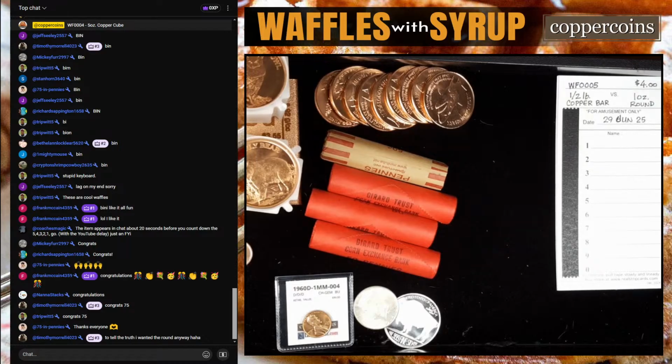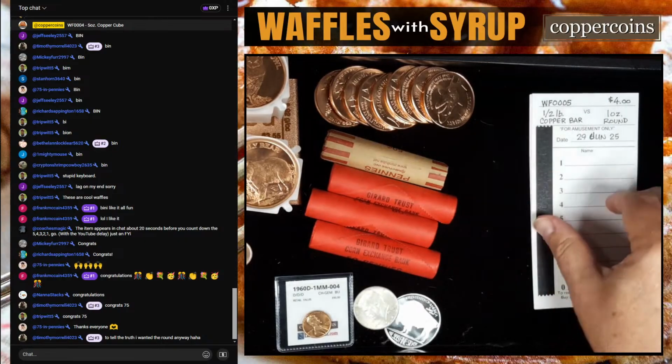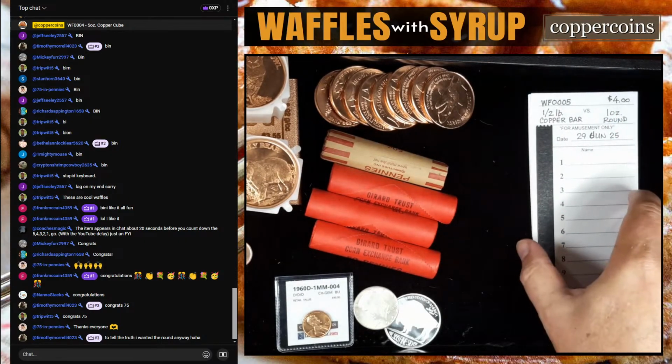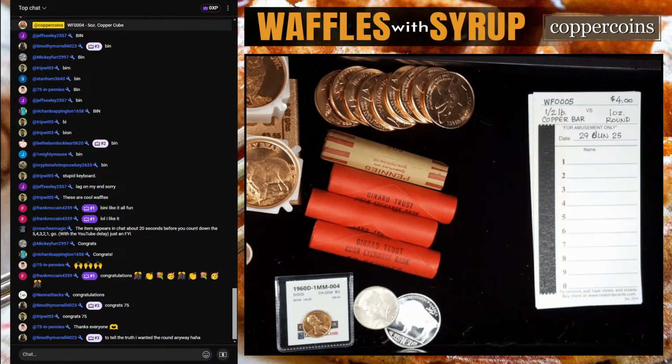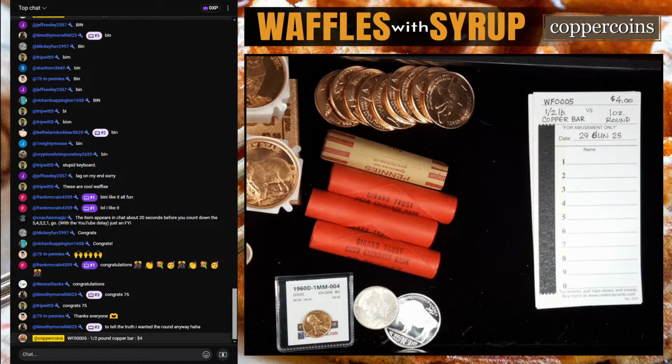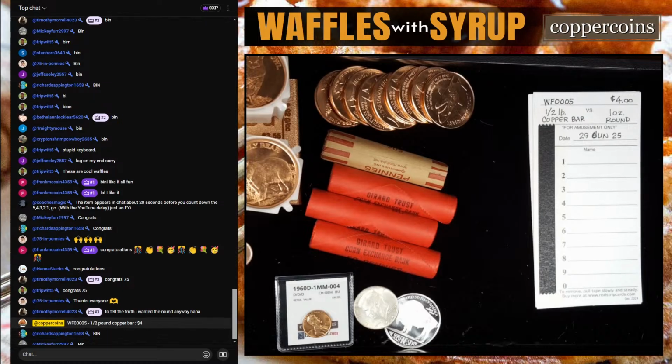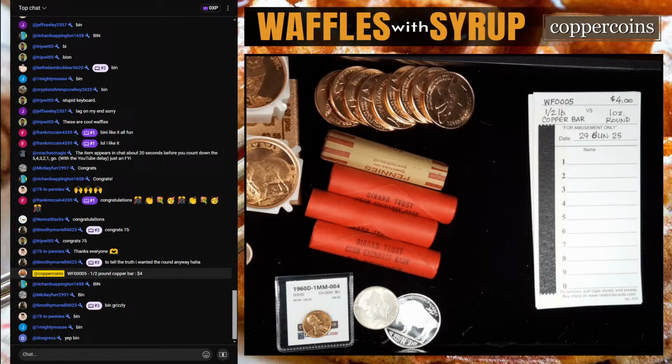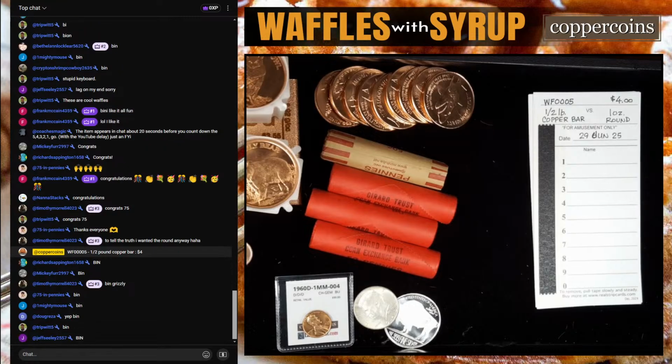We are in this at $4 a piece, $4 per entry. Let's start this one in 5, 4, 3, 2, 1, go. Half pound of copper or your choice of round.